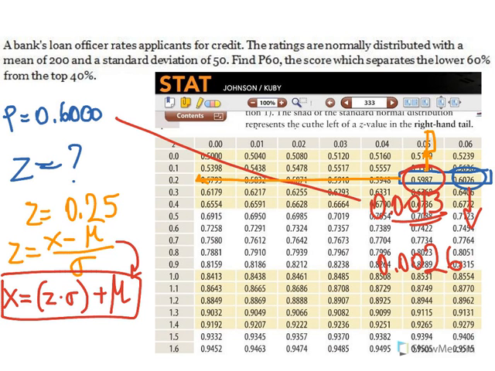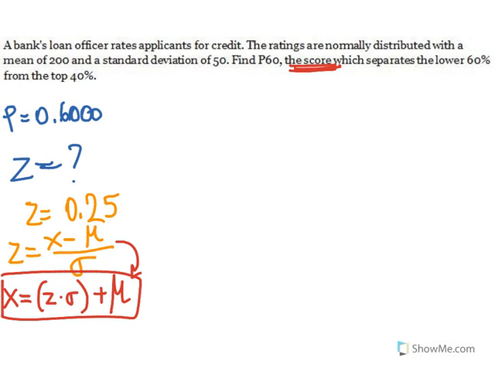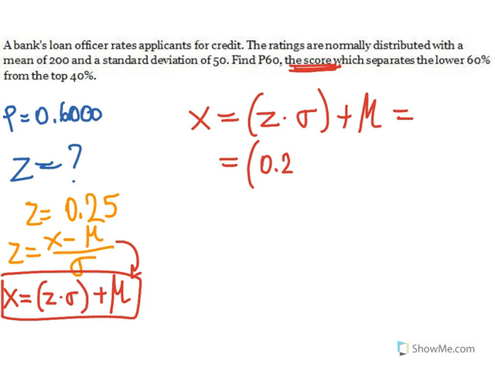So let's find now what the x is, and that x will be the score. You see here in the question, the score which separates the lower 60 from the top 40. So x will be z times standard deviation plus mu. Now we know z, we know standard deviation, and we know mu. So that's going to be equal to z, 0.25, times standard deviation, 50, plus mu, 200.